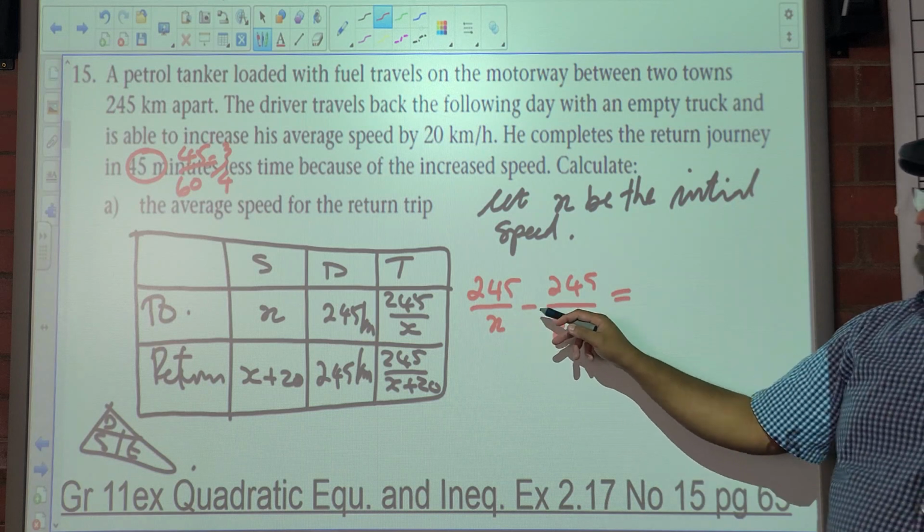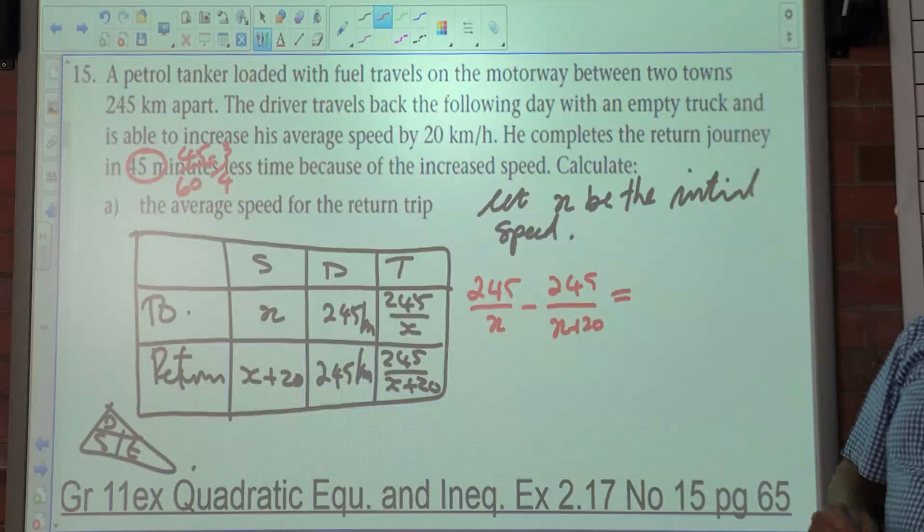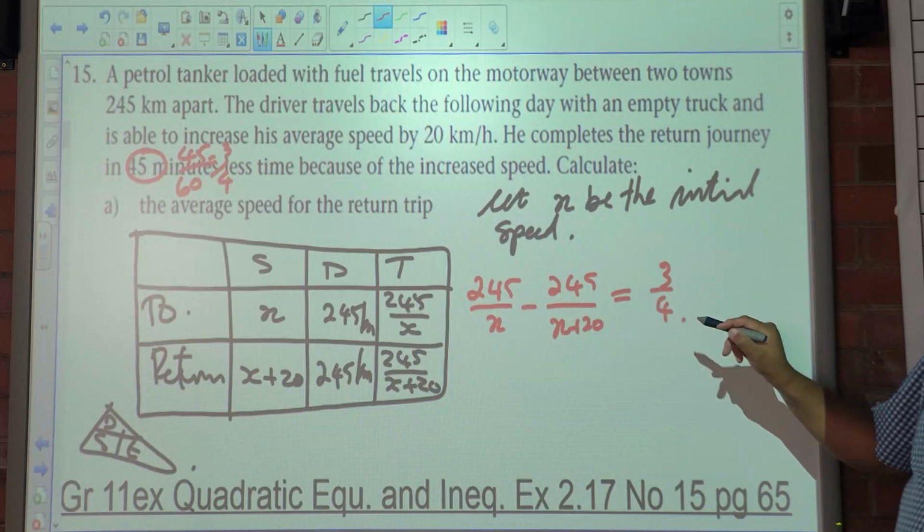You subtract it, and he does it in 45 minutes less, or 3 quarters of an hour less.